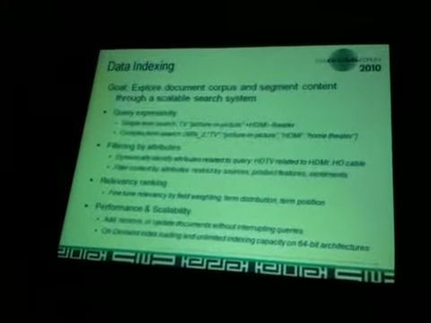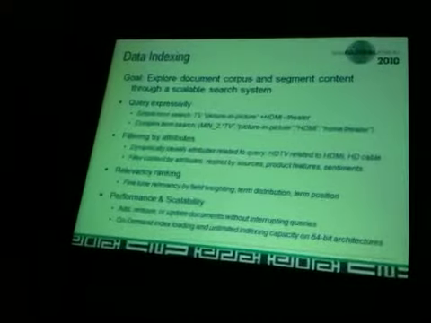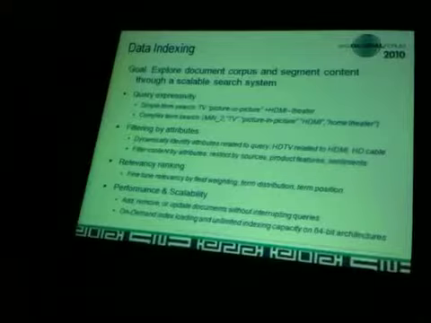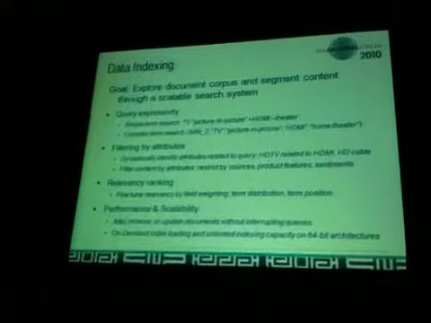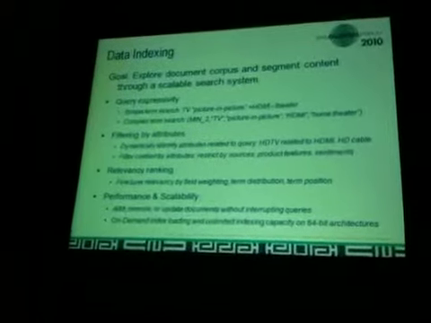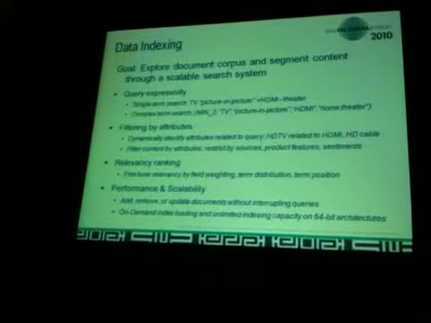The next is relevancy rank. We could rank content in many different ways. They could be ranked by freshness, which is new, which is old. And there could also be other parameters of relevancy that can be completely different. And the last and foremost is of course the performance and scalability aspect.